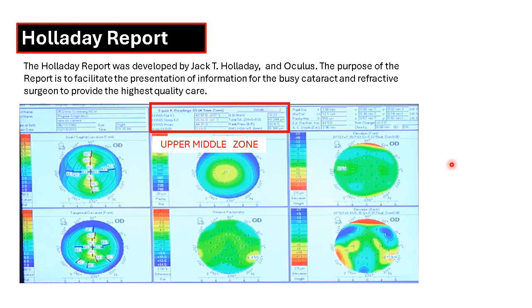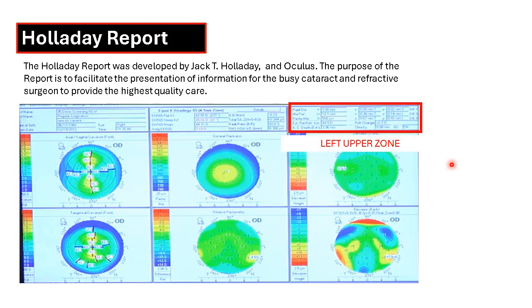This report mainly consists of three columns and three components. The first left upper zone contains the demographic data of the patient, and then there is a middle zone and a right upper zone. We will go into details for the middle upper zone and the right upper zone.